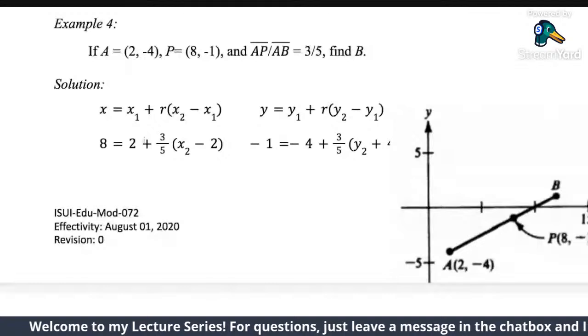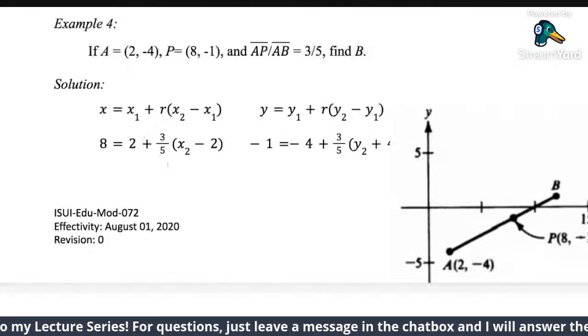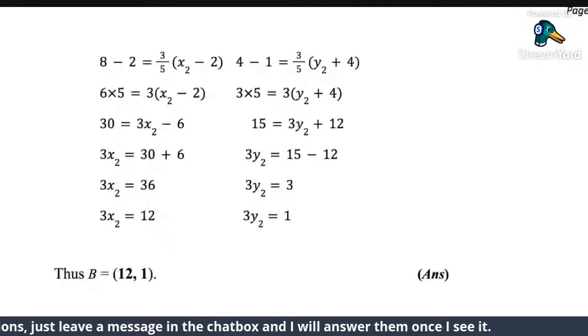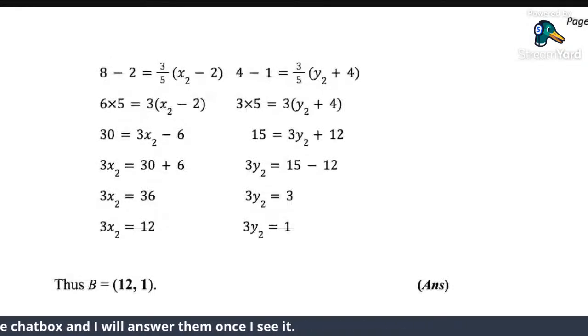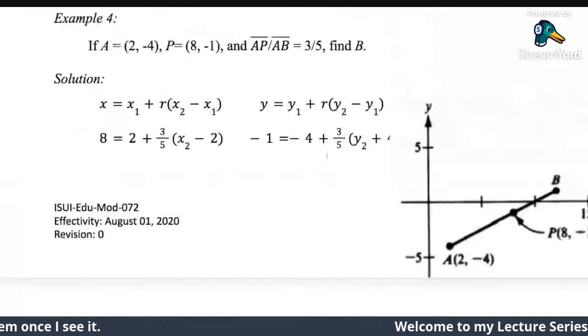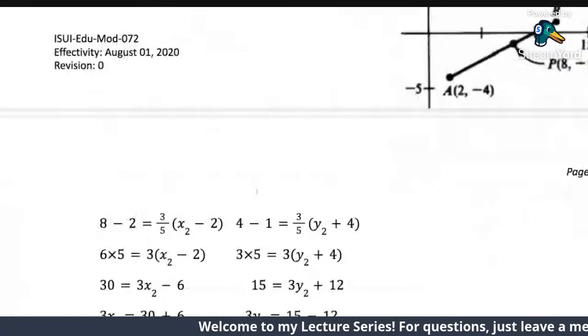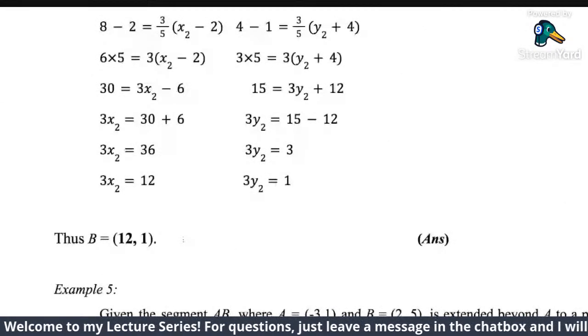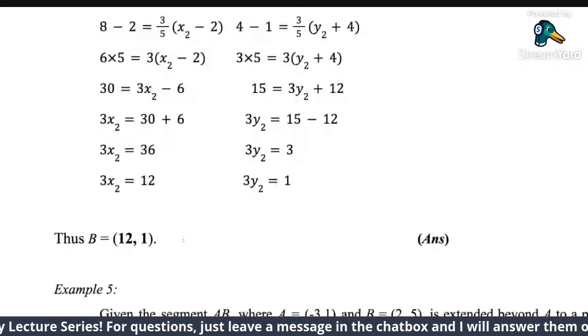So if you manipulate this, you'd be able to find the value of x sub 2, which is 12. Okay. And then the same is true here. You do the same process here. You'll find that y sub 2 is equal to 1. Okay, thus B is 12, 1.